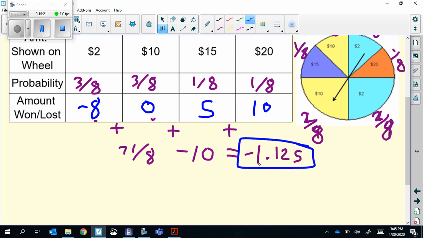But what this says is that every time you spin, you're expected to lose a little bit over $1. That means they're priced a little bit above the fair price, basically what we were talking about in that last slide.